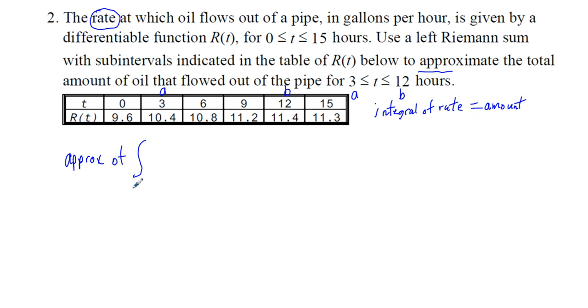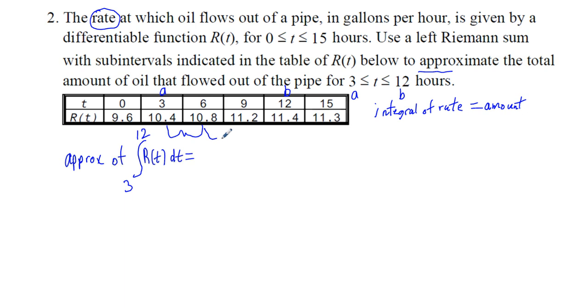So we're going to go from 3 to 12, and our function, our rate function, is going to be R of t dt is equal to, and we see between 3 and 6, we have one interval.